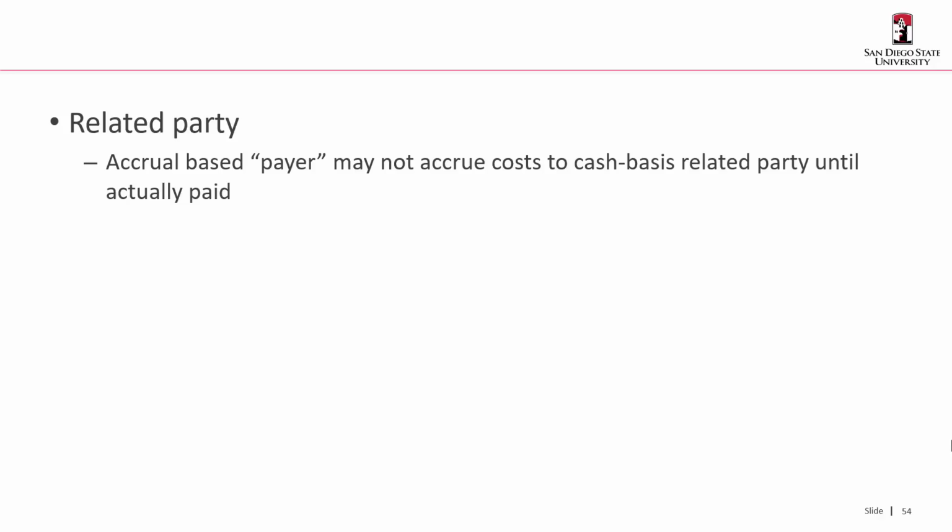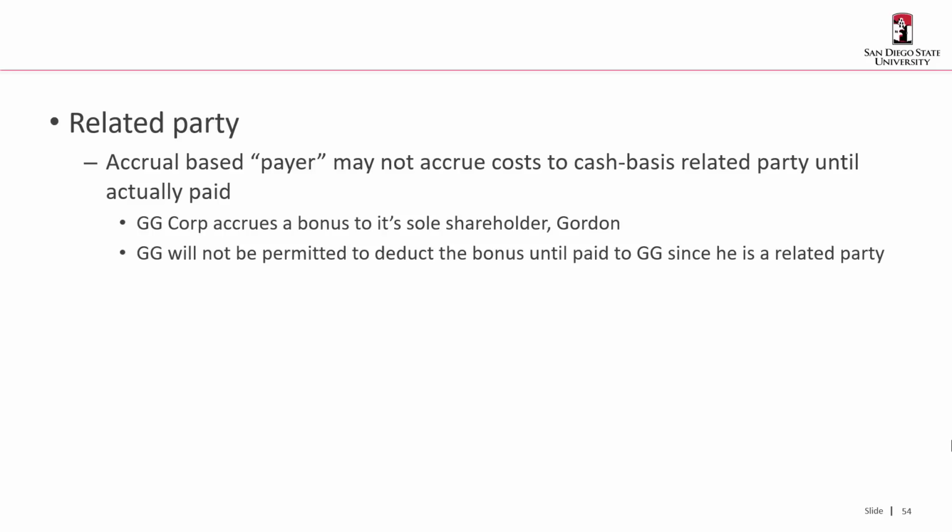So the first rule has to do with the deduction, and it says that an accrual-based payer may not accrue cost to a cash basis related party until it's actually paid. So if you have an accrual-based taxpayer, they may not deduct the cost associated with a payment to a cash basis related party until that is actually paid.